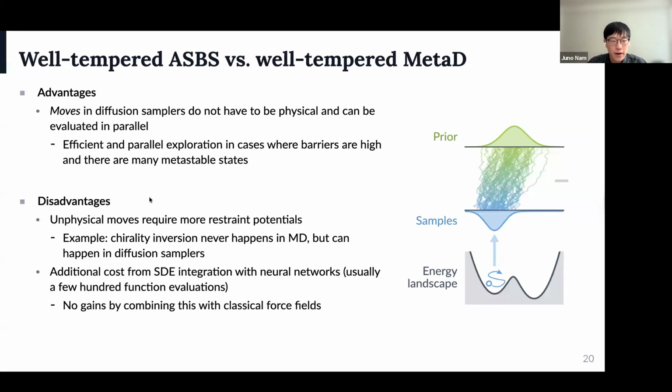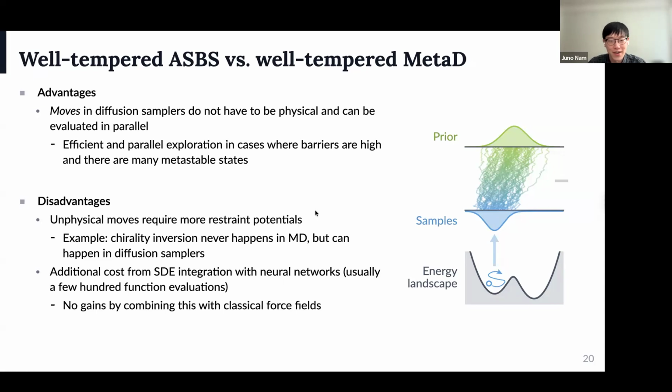While there are a few disadvantages where diffusion samplers require restraint potential, as I mentioned previously, because in molecular dynamics simulation, the proposal of the next step respects the physics of the system that we have.